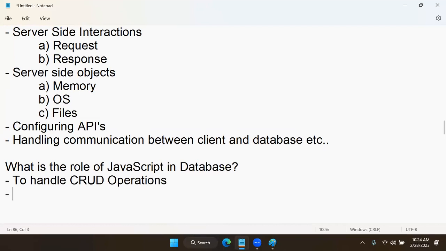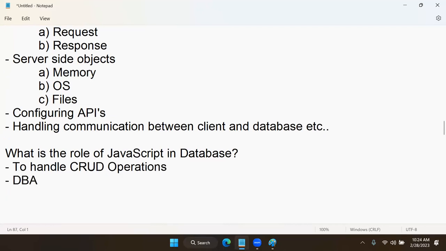Not only CRUD operations, database administration is also done in JavaScript in non-SQL based databases. That is a huge one, right? So JavaScript is not just client side. It is client side, it is server side, and it is even used in databases.